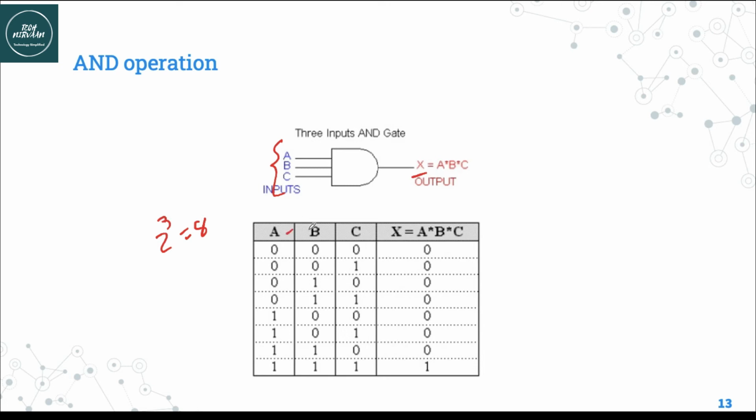Input variables are 3, A, B and C. We will develop truth table like this. If any of the input is 0, in that case we will get output as a 0. And if all the inputs are 1, then and then we will get output as a 1 in case of the AND operation.